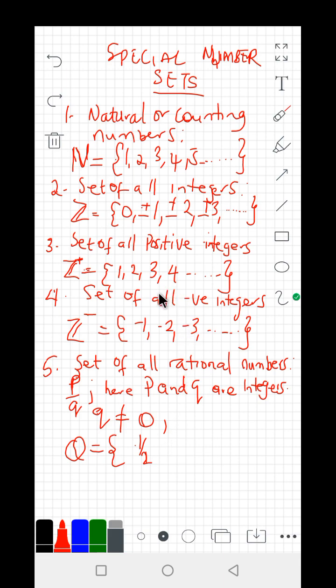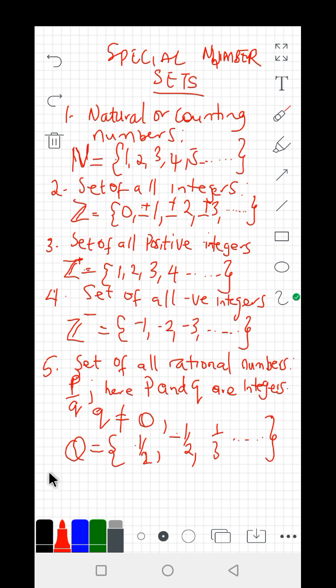So P and Q are integers, that means they are in the set of integers. So we can have 1 over 2, we can have -1 over 2 as a member of this set, we can have 1 over 3 and so on. So that's the set of rational numbers.